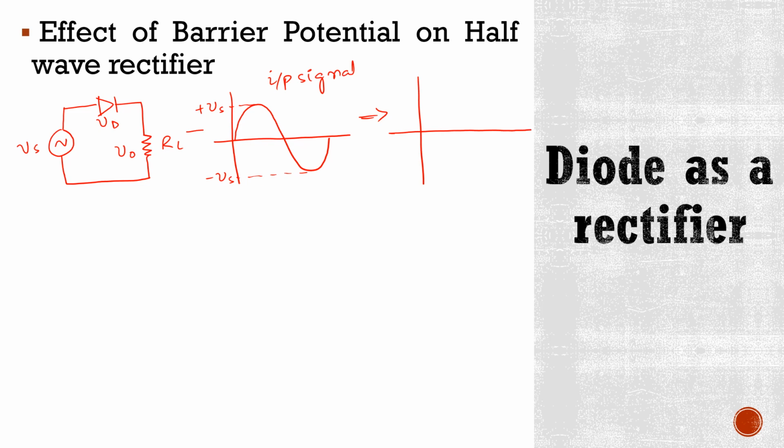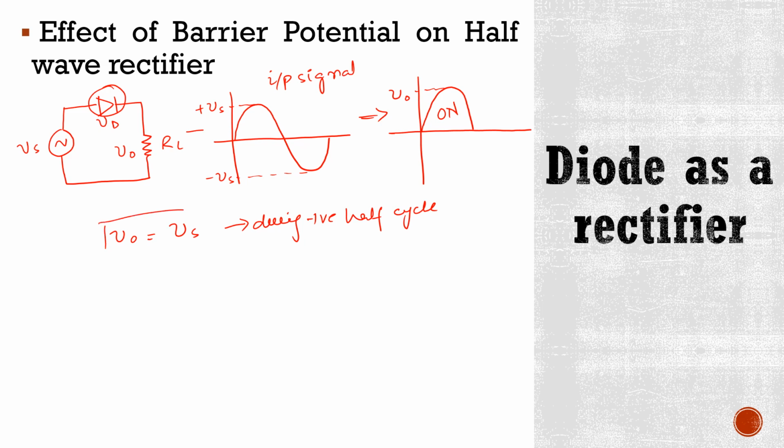We know that this diode will conduct during the positive half cycle of the input signal. So during the positive half cycle we get output like this, where this output voltage is equal to the input voltage. It means here the diode is on and in conducting state, but during the negative half cycle we don't get any output.